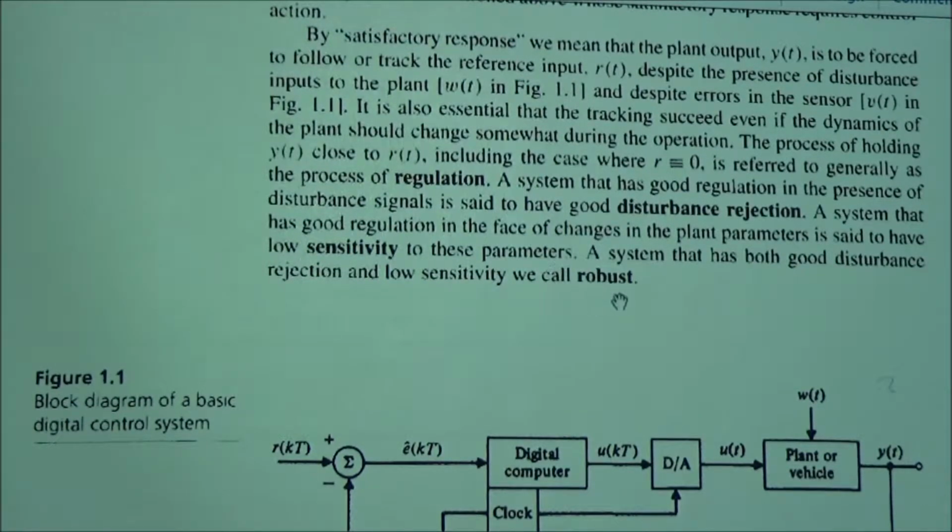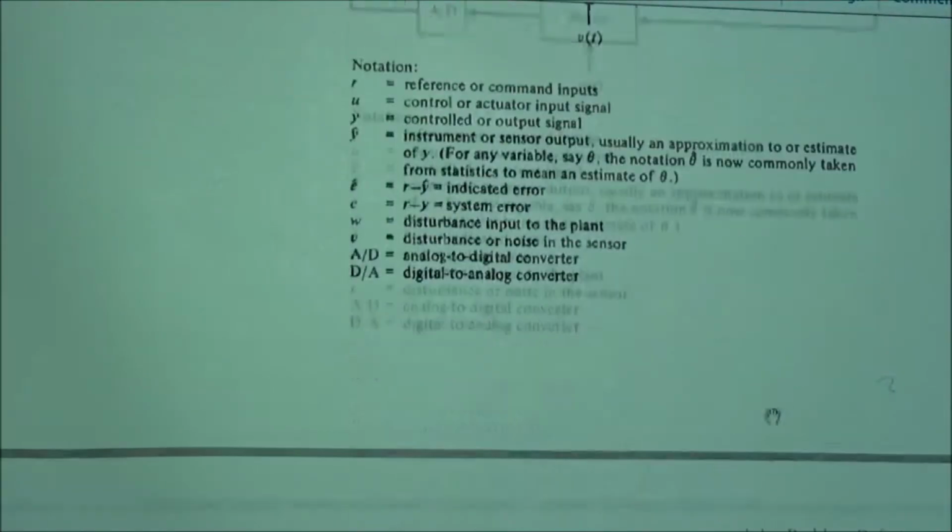That's called robustness. So a robust controller is a controller which remains essentially viable in the presence of dynamic changes in the plant parameters and so forth.